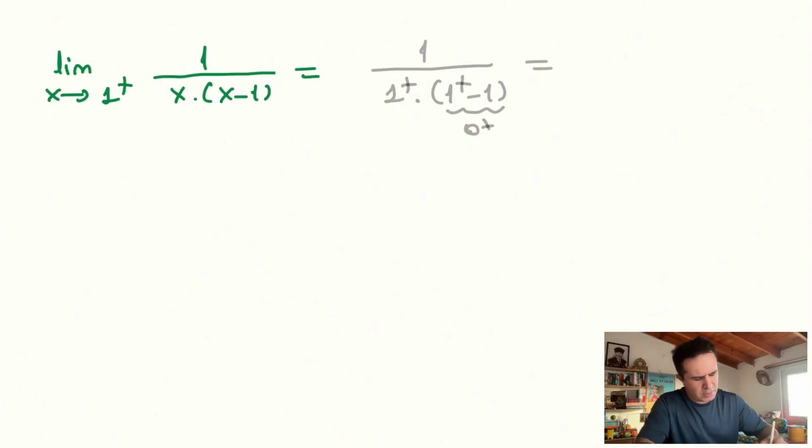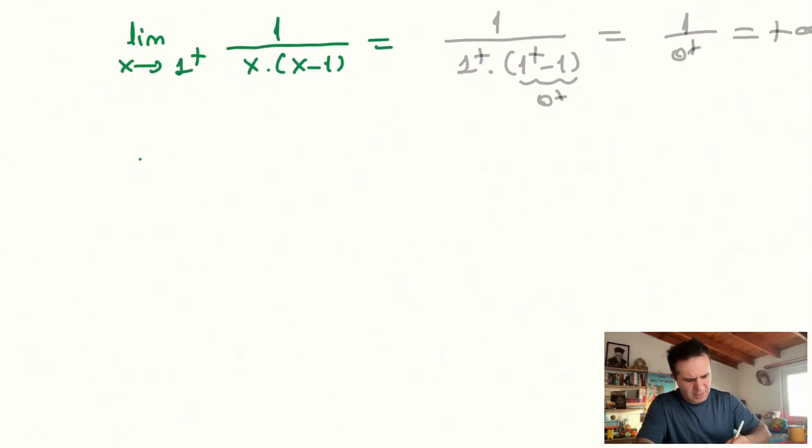Now, this will be equal to 1 over 0 plus, and since we divide a positive number by 0 plus, this will be equal to plus infinity.